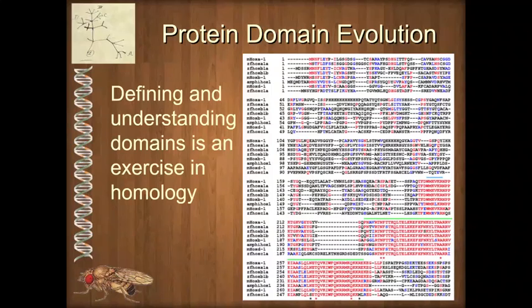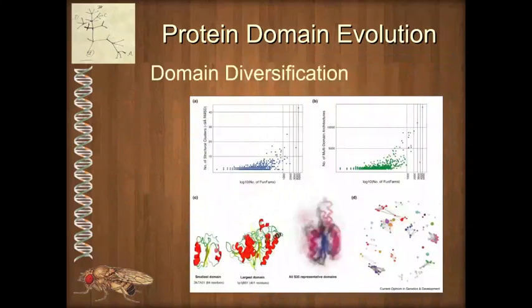So it really sometimes takes a lot of study and characterization to completely identify all of the domains that are present in an organism or in a group of organisms. And so domains can diversify. And now we are attempting to understand the regions of the domain that are very, very constrained.